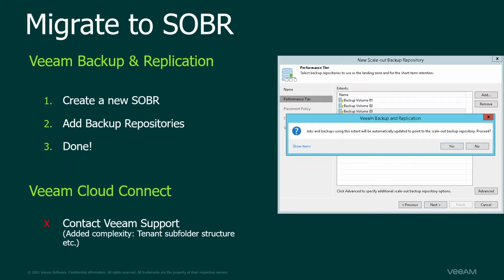What you then do is contact your tenants and tell them that they will have a couple of weeks, days, months to migrate to the new cloud repository and to abandon the old repository. What then happens is that over time the old data will expire and the new data will reside on the scale-out backup repository. But then there is help needed from the end customer, from the tenant.